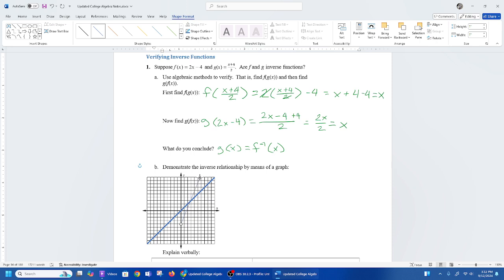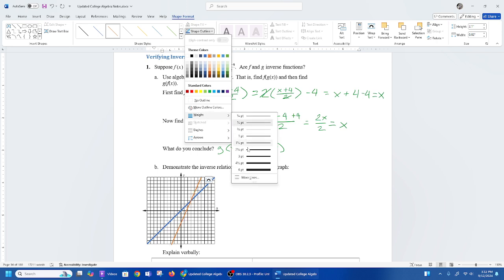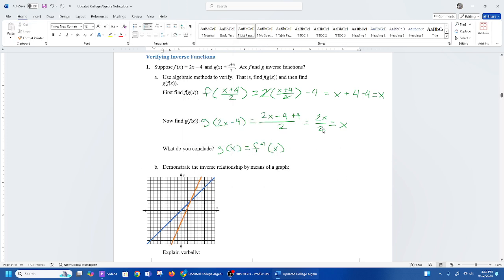Just making sure that I make it nice and long, and I'm going to pull it the other direction too. I'm going to change the color and make it so that you can actually see it. There we go. That is our graph of f of x. So again, the blue line is the graph y equals x. The orange line is the graph of f of x.